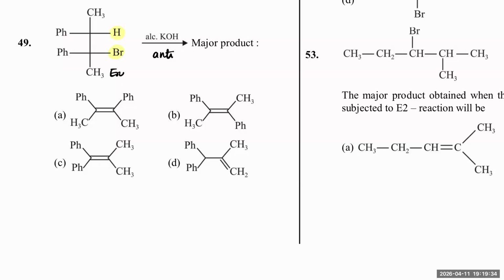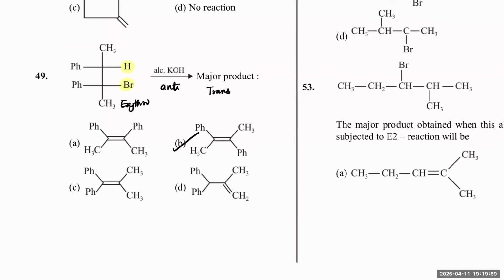So if there is erythro, erythro anti should give you trans. Trans means these two should be opposite, these two should be opposite. So how would that product be? B. Okay, B is that product. Clear?